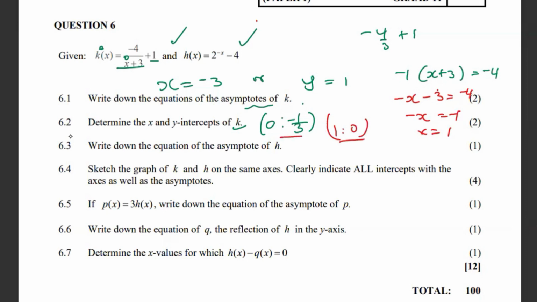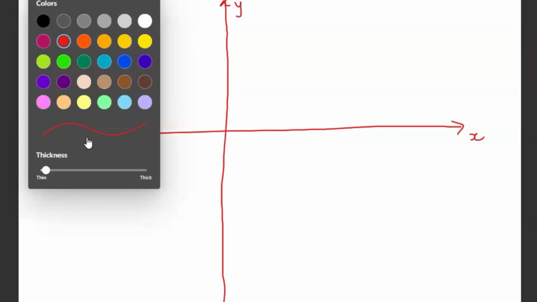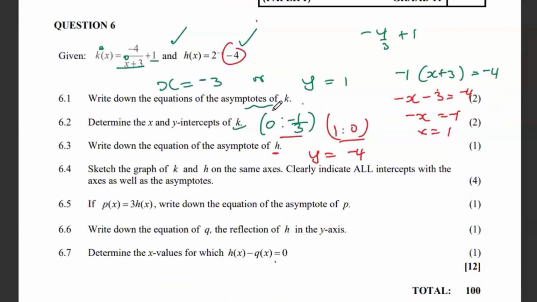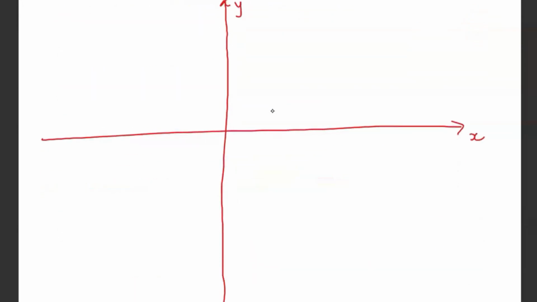All right, then they want us to write the equation of the asymptote of h, meaning that y is negative 4, because this negative 4 represents the asymptote. Then they want us to sketch both. So let me just put that down here. That is x, then that is y. And then I'm going to start with the asymptotes and say we have negative 3 and 1. So negative 3 somewhere here.